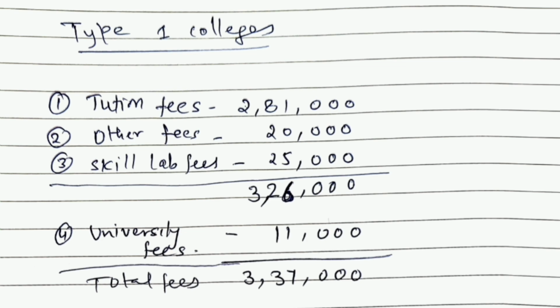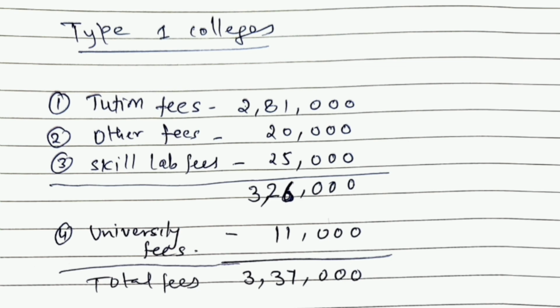And then the skill lab fees, this is the fees you are going to give when you are inside the college. You don't need to give it at the time of counseling. At the time of counseling you have to pay only 2,81,000 plus 20,000, which is approximately 3 lakh rupees you have to pay at the time of counseling.